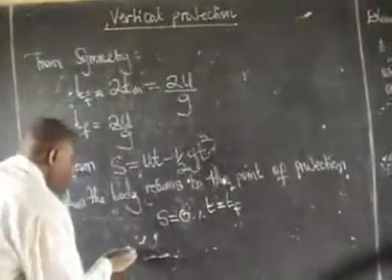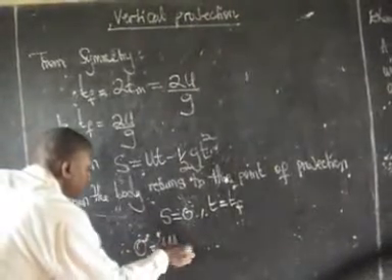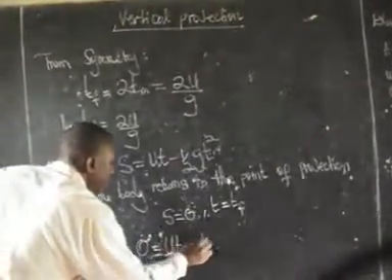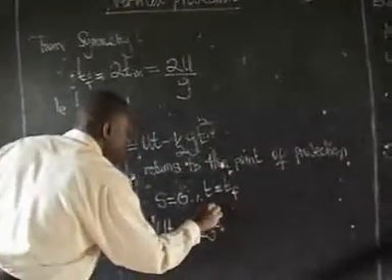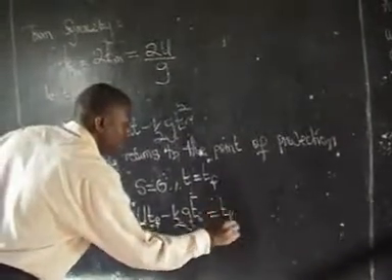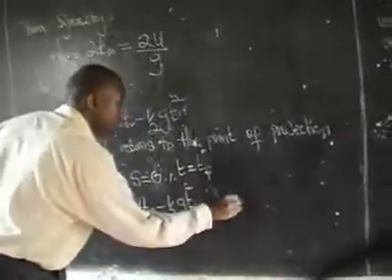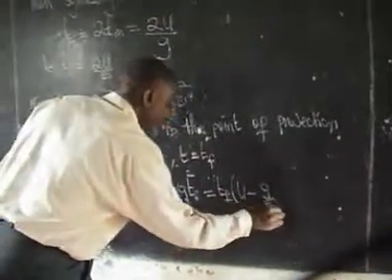When you substitute, therefore 0 is equal to u tf minus a half g tf squared. So this is the same as tf bracket u minus g tf out of 2.